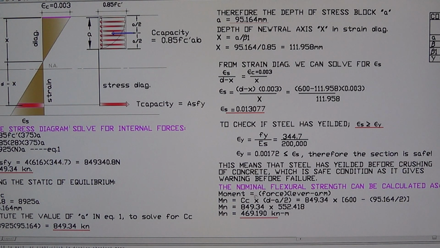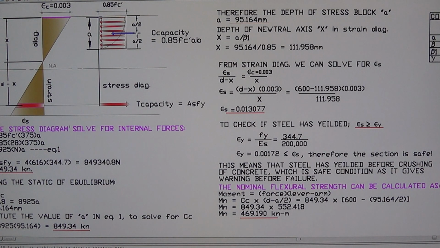The definition of moment is force multiplied by the lever arm. We have two forces here, the tension force and the compression force. We can take moment at any of these, moment here or moment there, they're the same. We get the maximum, the nominal moment capacity of this cross section of this beam.